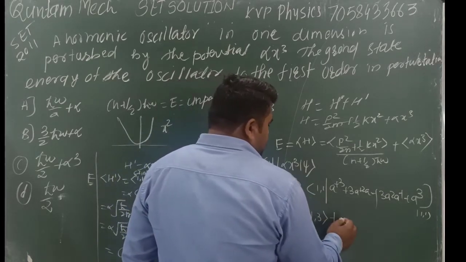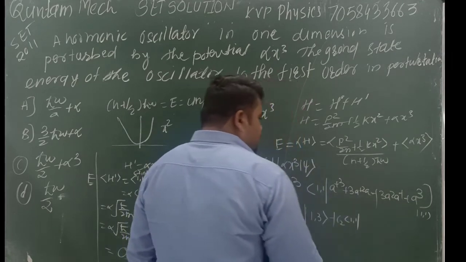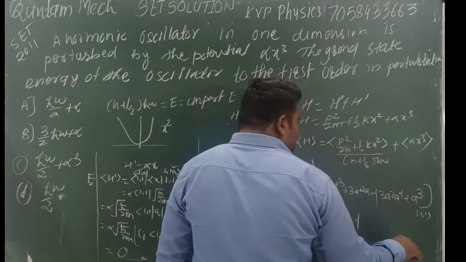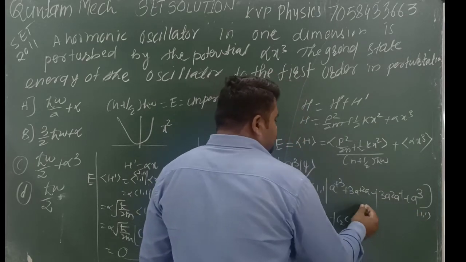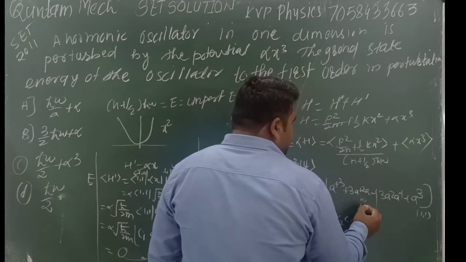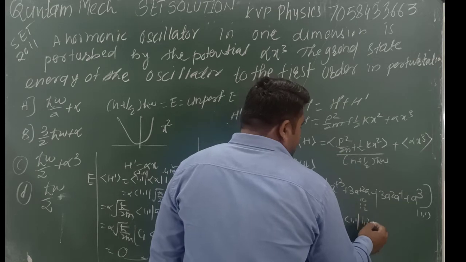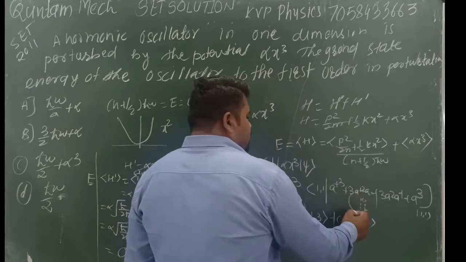Plus the second one, some constant c2, 1 comma 1. A operates on this state, decreasing by 1, so this becomes 1 0. Next a dagger operates on this one, this becomes 1 1. Again a operates on this, it becomes 1 2. Got it? 1 2. This is for this one.